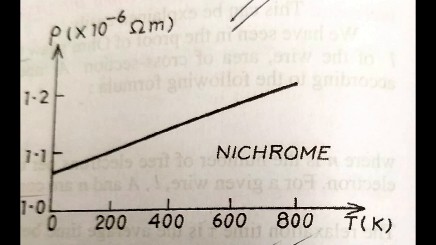It's increasing, but very gradually, unlike pure conductors where resistivity increases sharply. Please note it down in your classwork that alloys have a tendency to show this kind of variation: the resistivity of an alloy doesn't change much with the change in temperature.